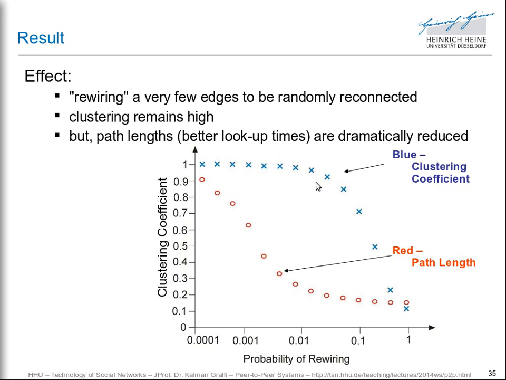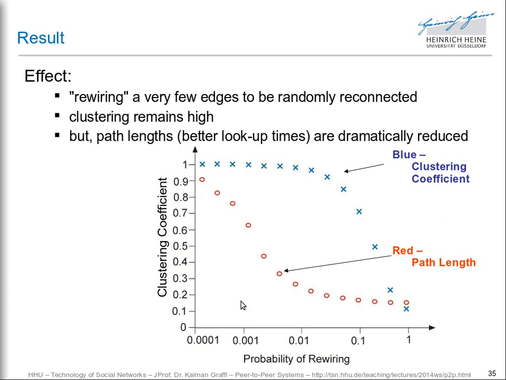The blue is the clustering coefficient, and the red is the path length. As you can see, if we have a small probability of rewiring, we have a high path length and a high clustering coefficient, as you can see here.